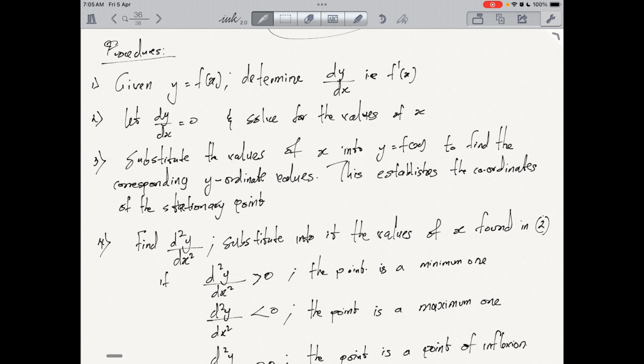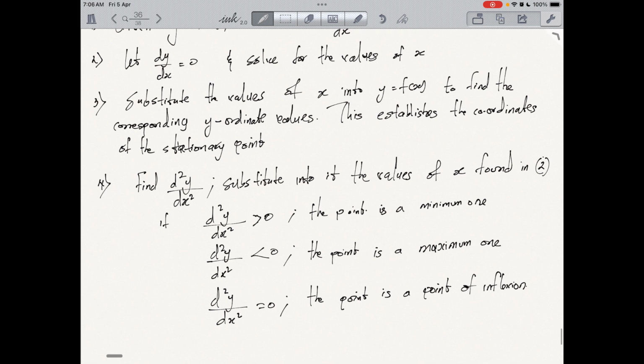And in step 3, we substitute the value of x into y equals f of x to find the corresponding y ordinate values, and this establishes the coordinates of the stationary point.